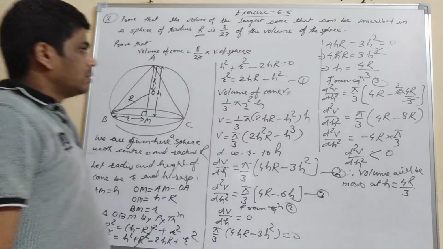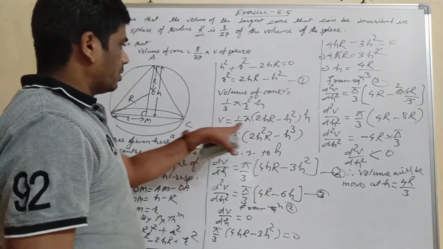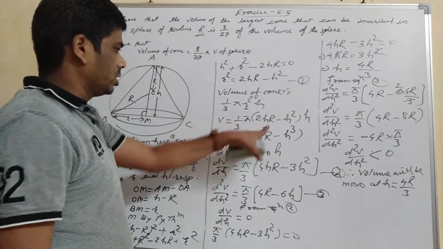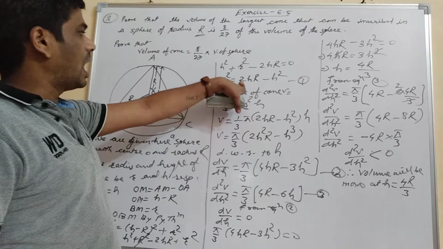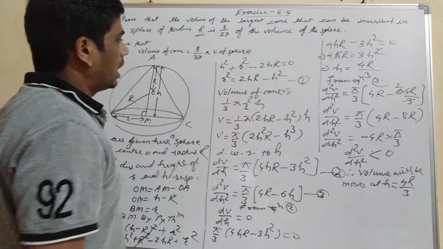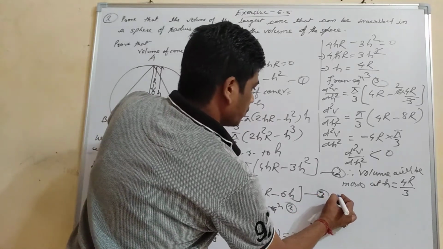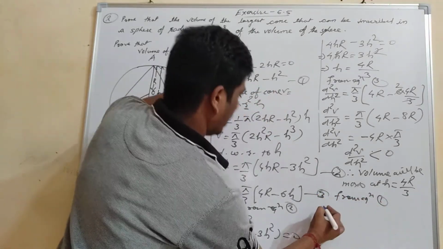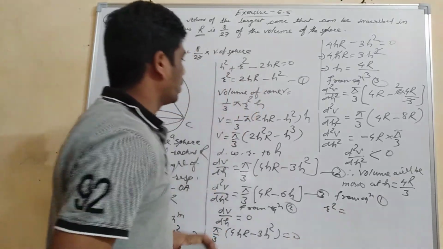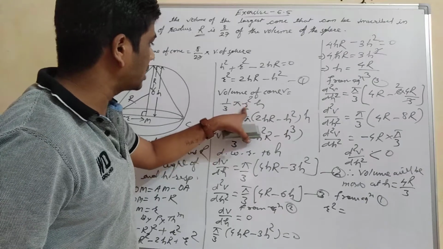Now this we can substitute in the equation. First we will find the r square. r square will be what? From equation 1 we will find r square equal to, because here we have to substitute r square and h.